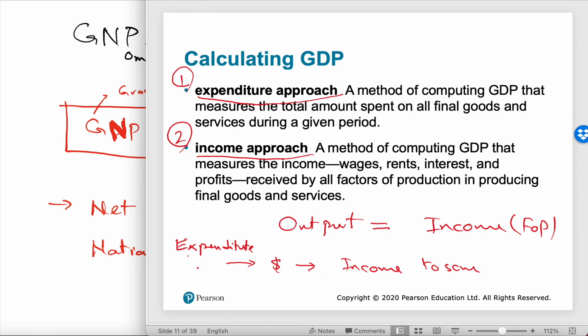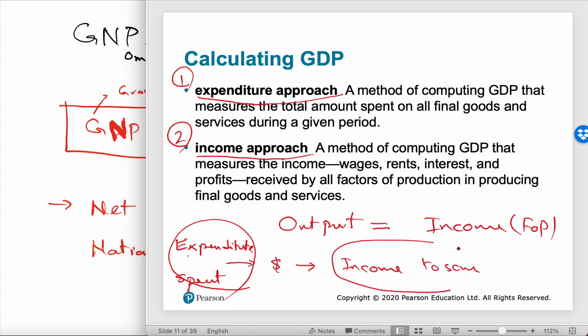So one way is, just like value added, we knock on the door of the firms and ask how much value added you make. We may ask the people how much they have spent. And this is the expenditure approach.